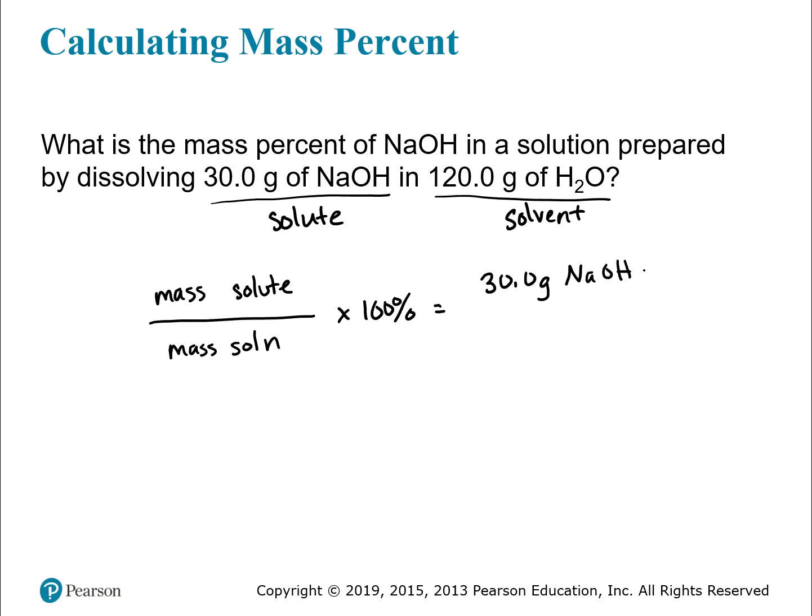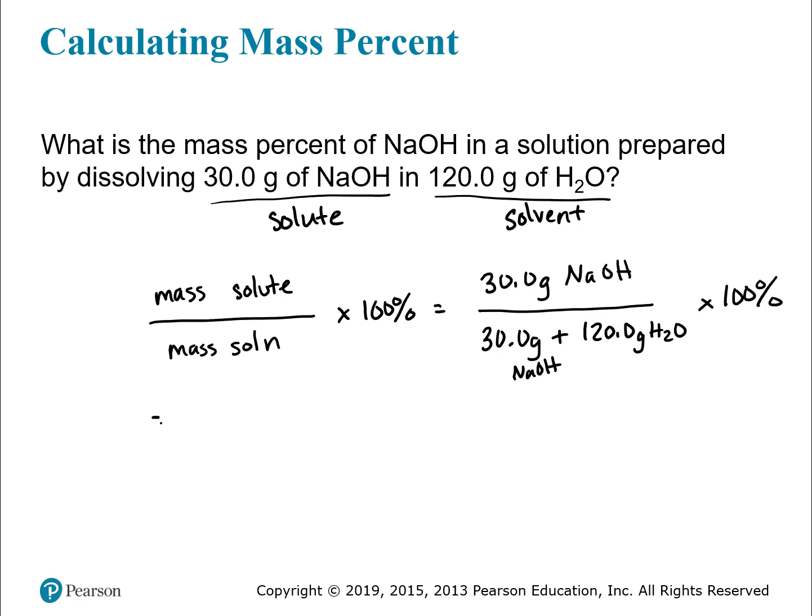Our solute is the sodium hydroxide. The solution is the sum of the mass of the sodium hydroxide plus the water, and then you multiply that by 100%.